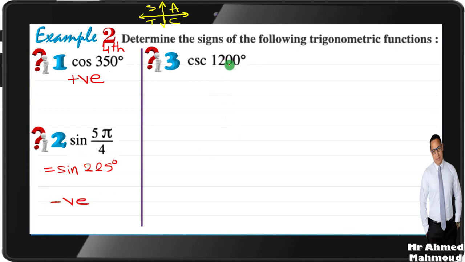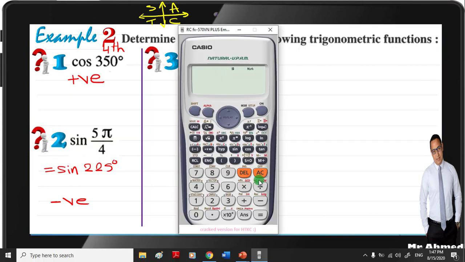Cosec 1180. So I'm going to subtract 360, minus 3 times 360, or by using the calculator like this, 1200 minus 360, minus 360 again, minus 360 again.